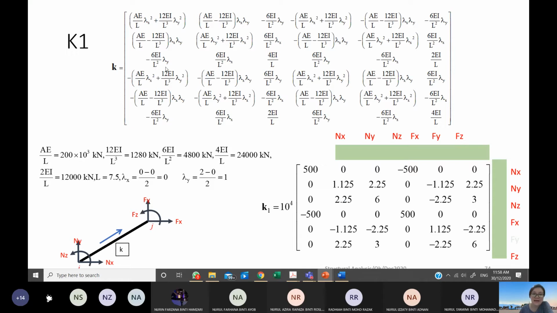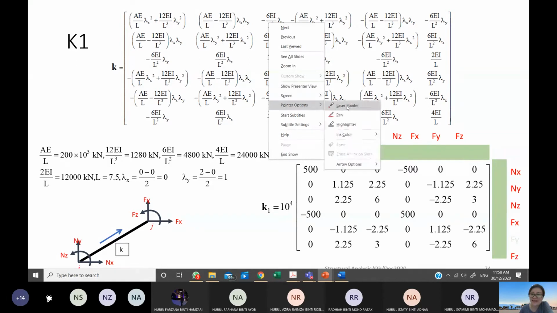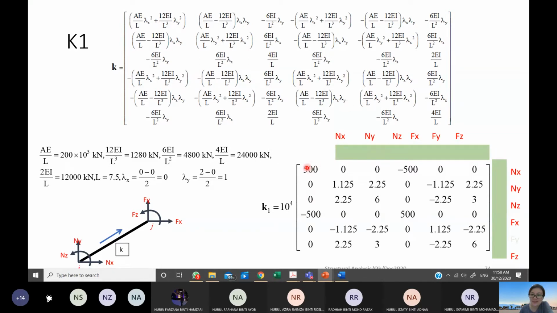For example, for this K11, this is not the answer yet. We are going to determine this K11 value, which means you need to get AE over L, which is 200 power 3, multiply lambda X squared, where our lambda X is 0.8, so 0.8 squared.